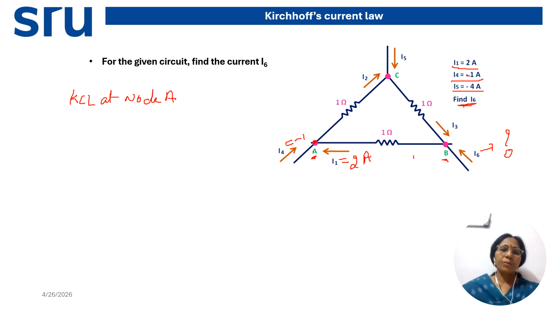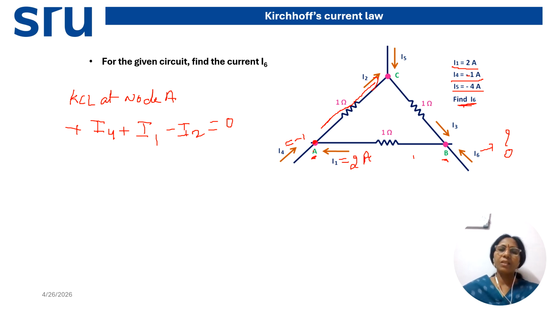Okay. Now, I4 is towards the node, plus I4, and this I1 is also towards the node, plus I1, and this I2 current is like this. This is your I2 current. Is it right? This is leaving node A, which means we have to write minus I2 equals to 0. Okay. Now substitute the numbers.